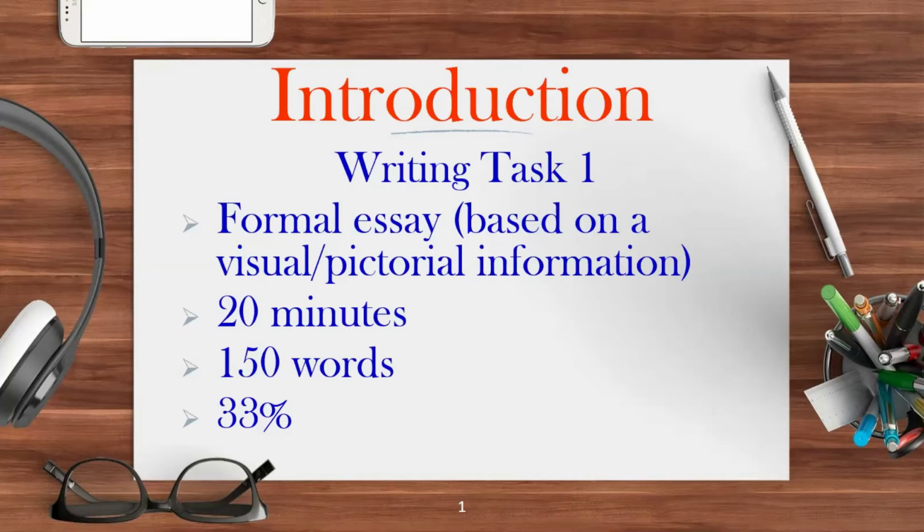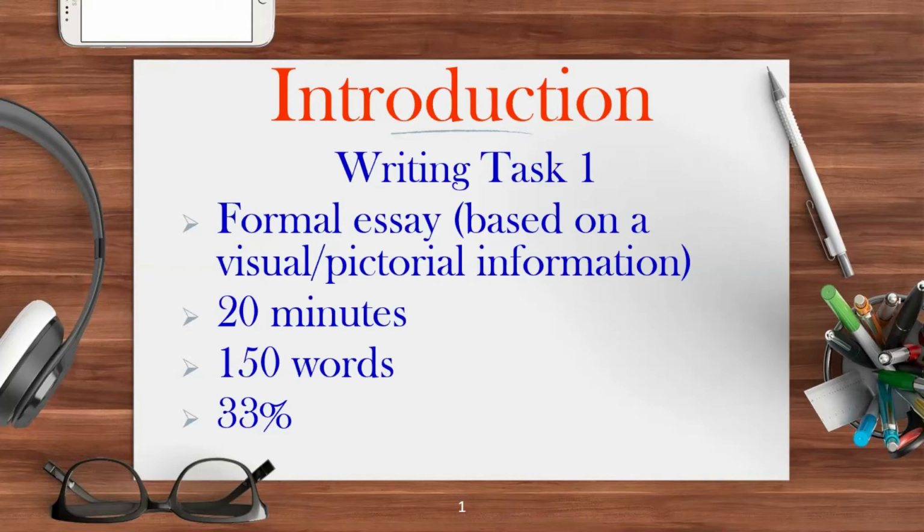And if you're going beyond 150, make sure that you don't write excessively, going into 300, 400. That is very needless. When the examiners are marking your writing task 1 essay, it is for 100%. However, when your band score for writing is being calculated, writing task 1 carries 33% of the total marks.